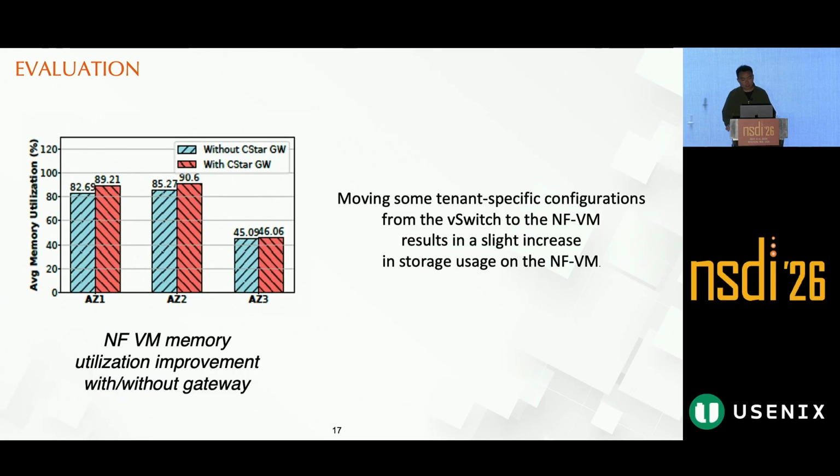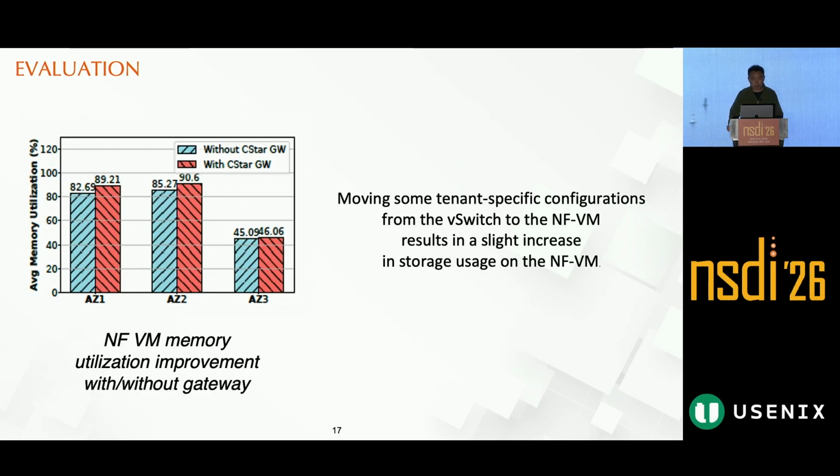After deploying CStar Gateway, some tenant-related configuration like security group and rate limiting is transferred from the vSwitch to the inside of the NF VM. This new configuration occupies a very small portion of the NF VM storage space compared to the existing NF logic and config.